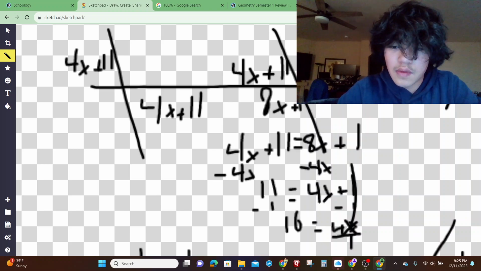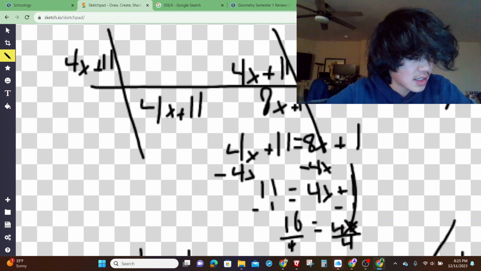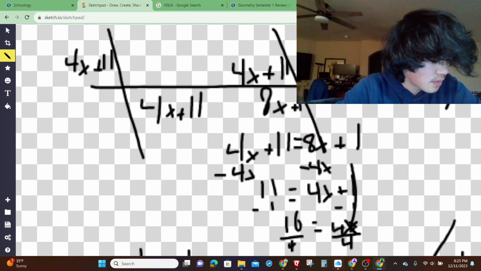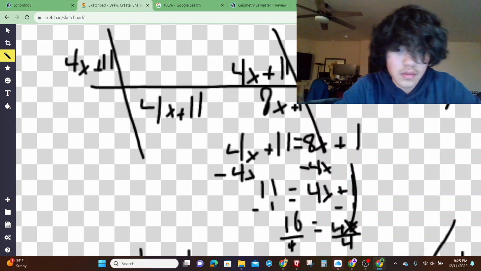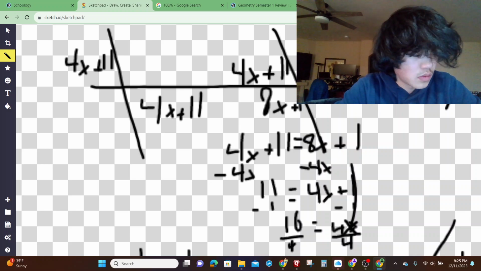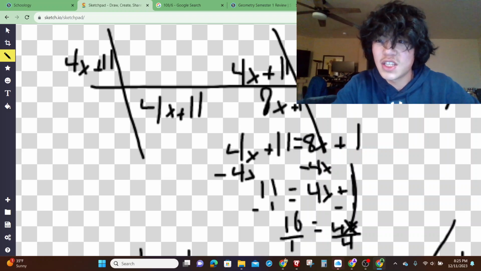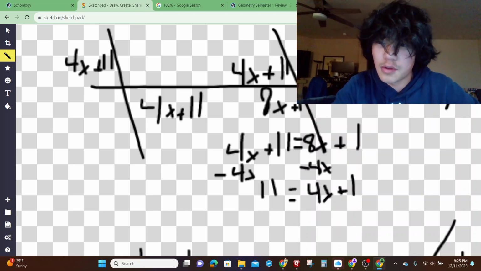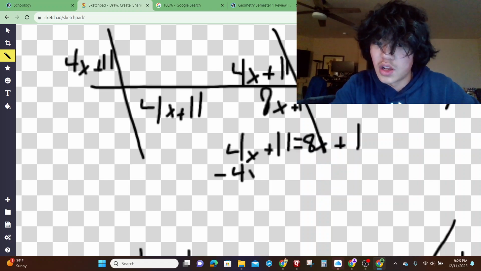And we could divide that by 4, divide that by 4. So x equals, oops, 1 second. I forgot, since these are vertical angles, they're gonna add up to 180.